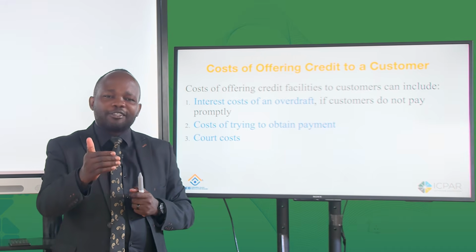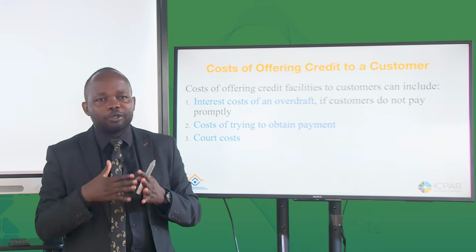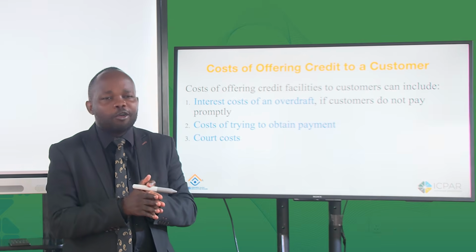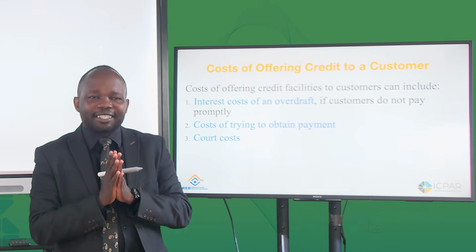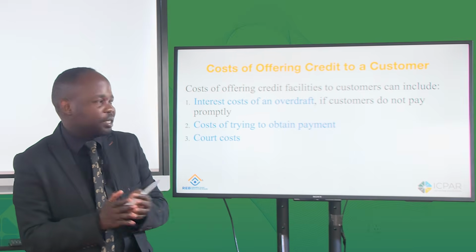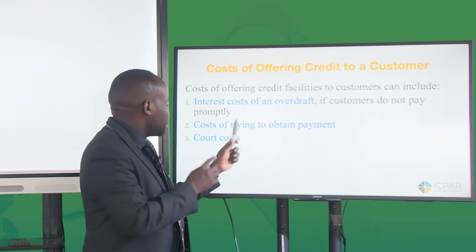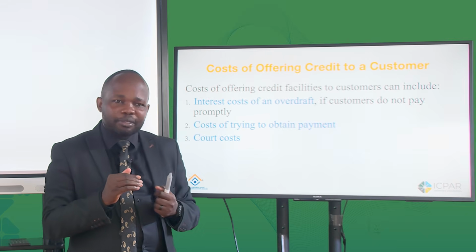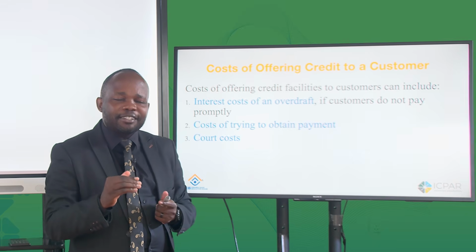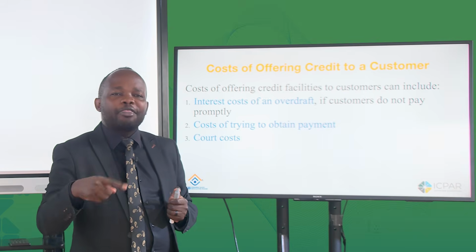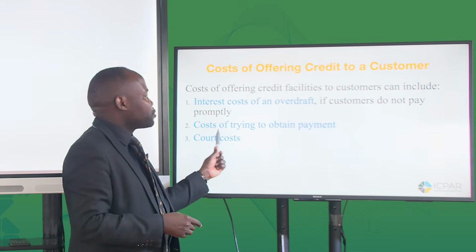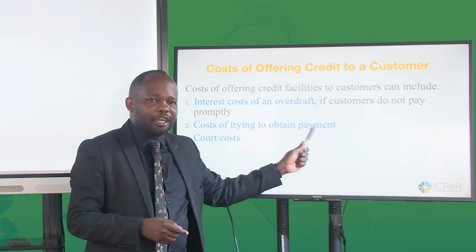Sometimes, because the customer has not yet paid, we still need to continue operating the business, and we may be forced to go for overdrafts. Overdrafts attract interest, which is an expense. So there is interest cost. Number 2, sometimes the customer delays payment and we must hire somebody to follow up the payment. So that is the cost of trying to obtain the payment.